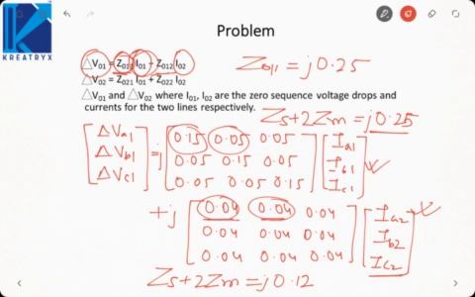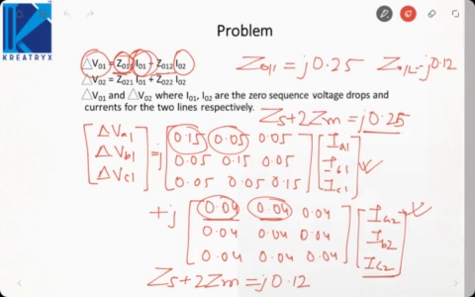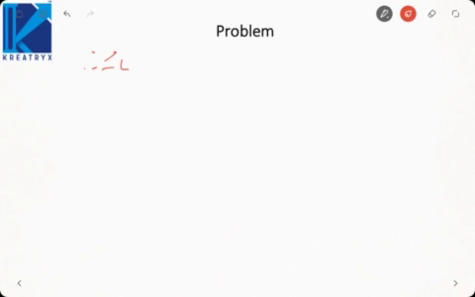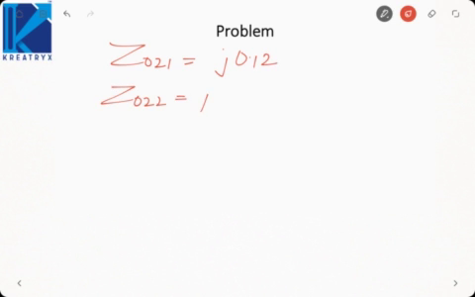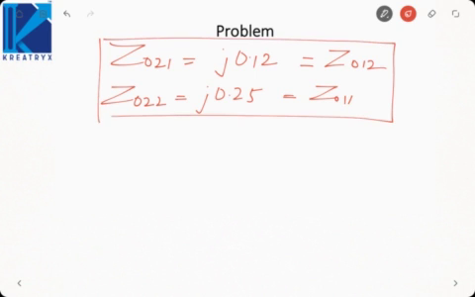So the zero sequence impedance Zs plus 2Zm is j0.12. Similarly, Z021, since your third matrix was same as second matrix, it will be j0.12. And Z022, fourth matrix was identical to first, j0.25. Okay. So these are the self and the mutual zero sequence impedances between the two transmission lines.